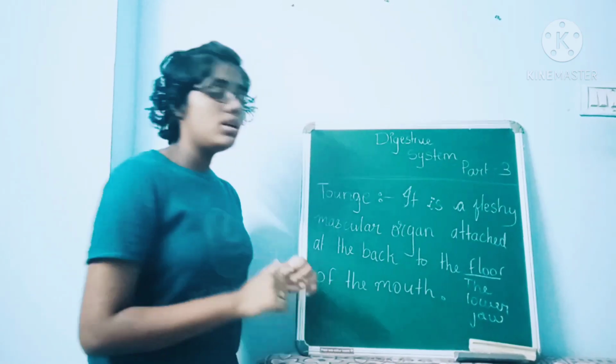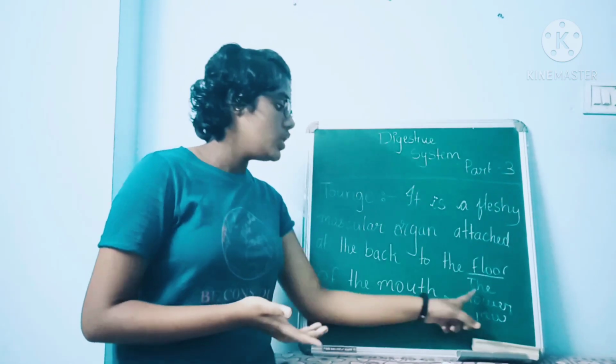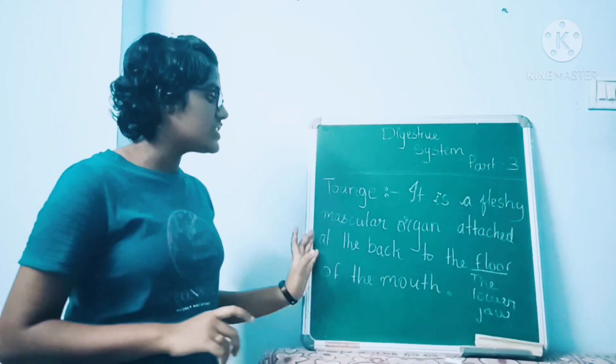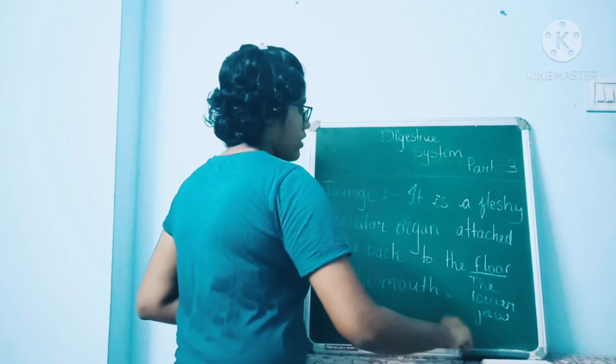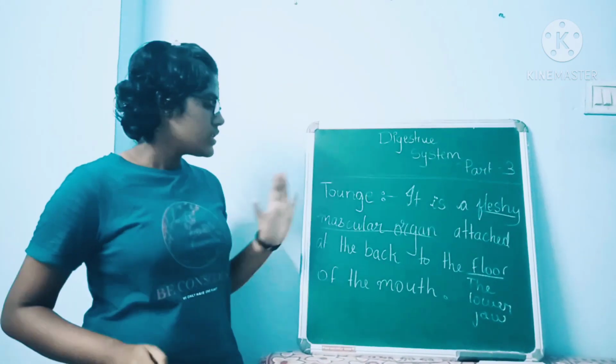So tongue, where is it attached? To the lower jaw of our mouth. Right. So what is tongue? It is a fleshy muscular organ. Okay. So this is the tongue.